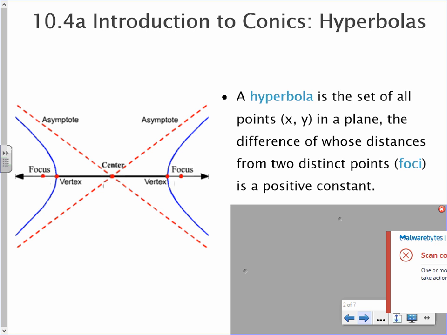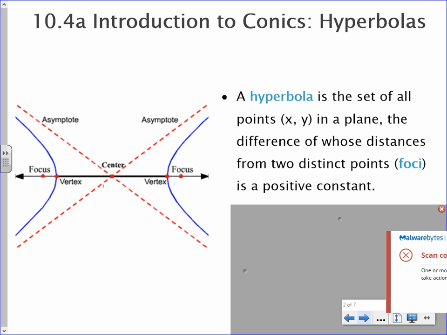So very much like an ellipse, a hyperbola has a center. It has vertices, okay? Along the axis where the center and vertices lie are two foci.